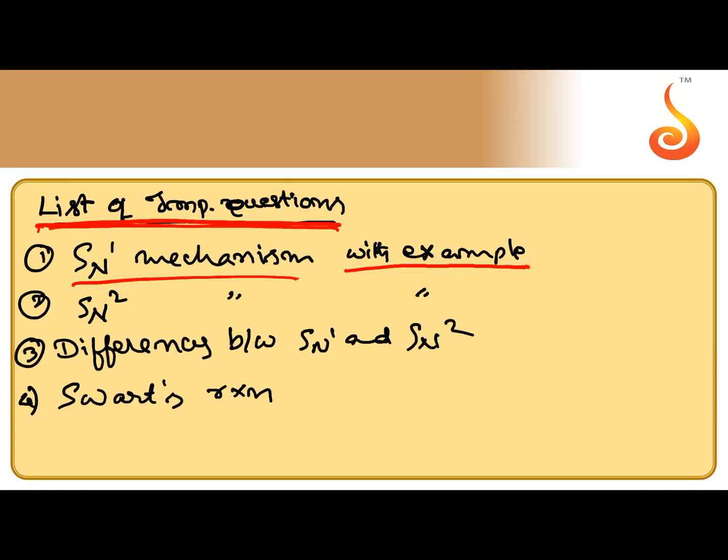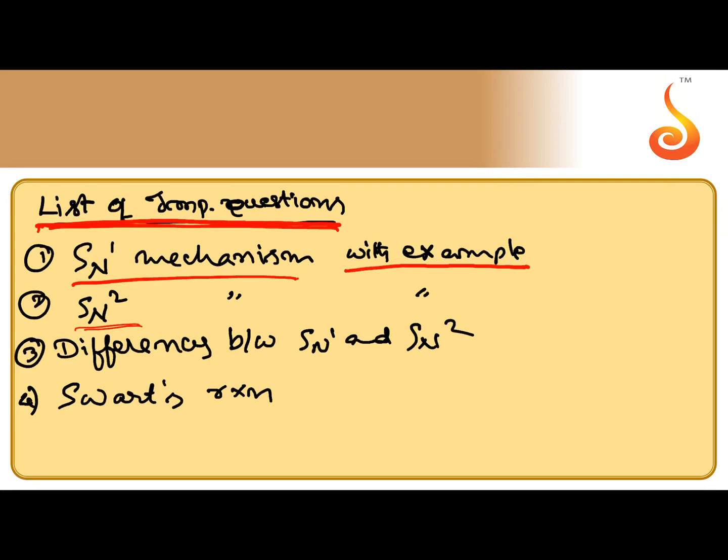You have to write the equation. After that, the mechanism: it takes place in two steps. Step 1, self ionization to give a carbocation. Step 2, attack of the nucleophile on the carbocation. The first step is rate determining. Like that, you have to write at least 4 points about the mechanism.